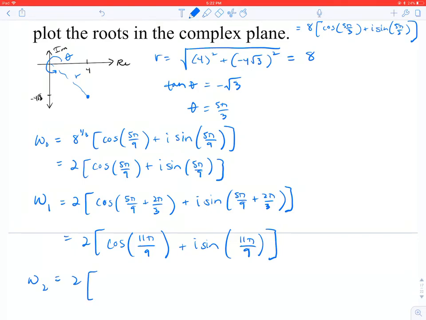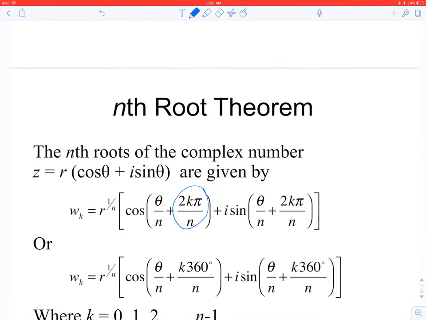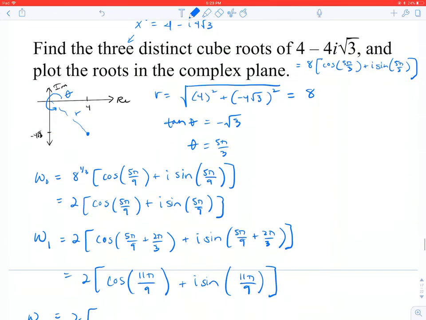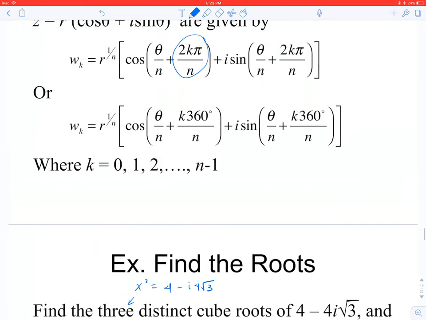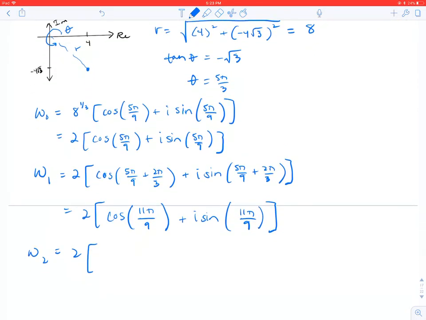And then the final root, k will be 2. And if you look up here at the nth root theorem, if k is equal to 2, then that's plus 4 pi over n. So plus 4 pi over 3, but that's the original angle of theta over n. So we could add 4 pi over 3 to 5 pi over 9, or we could just add another 2 pi over 3 to the angle in the previous root. So we could do cosine of 11 pi over 9 plus 2 pi over 3.